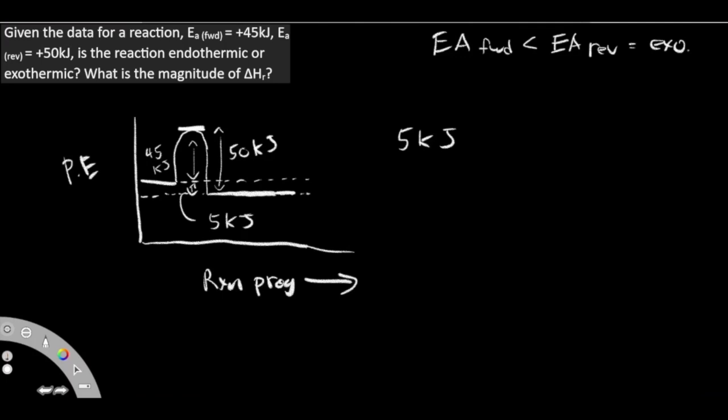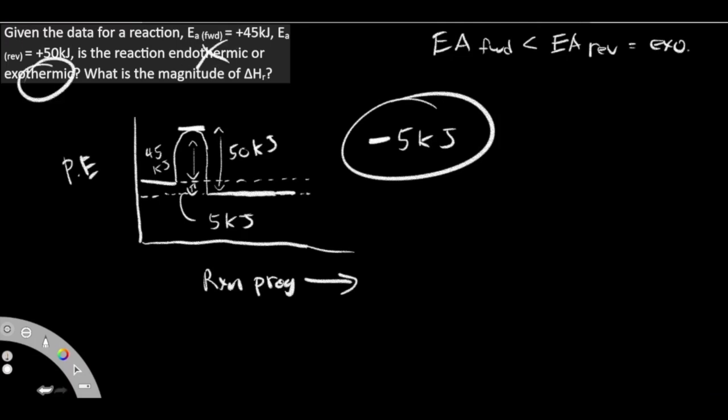Where did the energy, this leftover 5 kilojoules, go? It got released as energy. It can't just disappear. So that energy got released in the form of 5 kilojoules. Because the reverse is going to be greater than the forward, hence, it's going to be a negative value of negative 5 kilojoules. That is the answer. And again, this is exothermic.